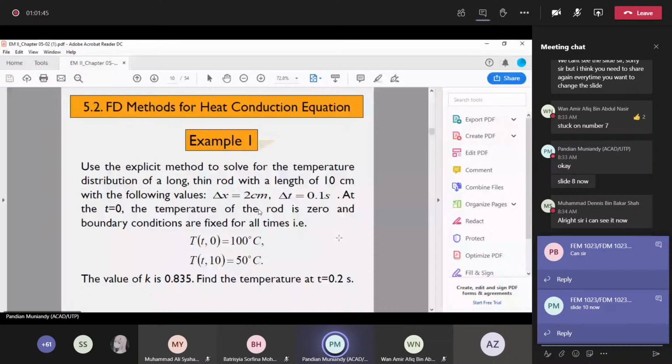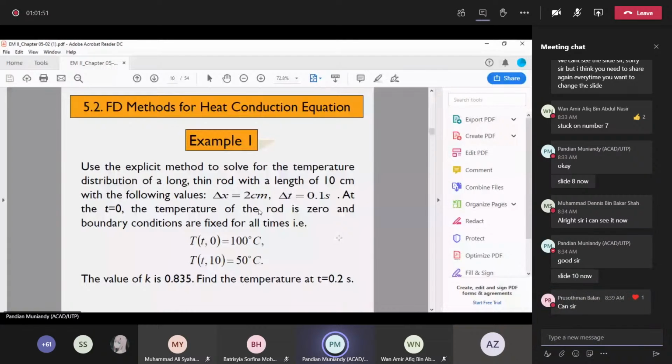Slide 10 is the example. We saw it in the previous section, 5.1. But now we want to solve. So the problem statement will be lengthy because this one involves initial condition as well as boundary condition.